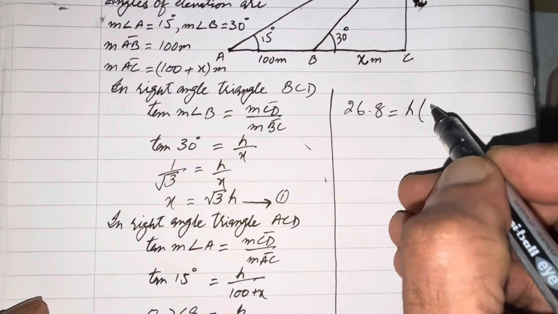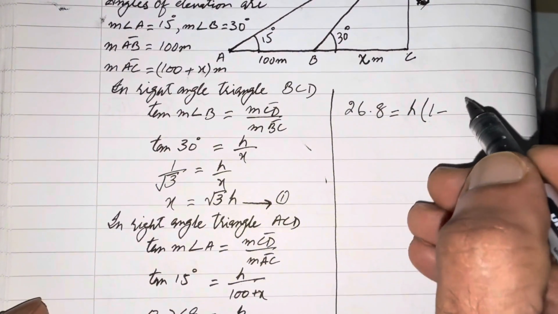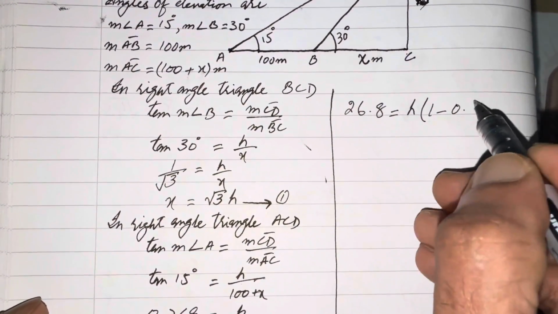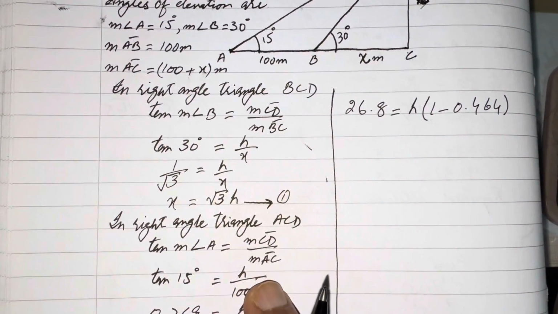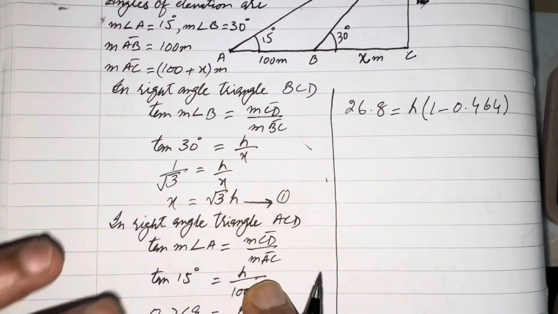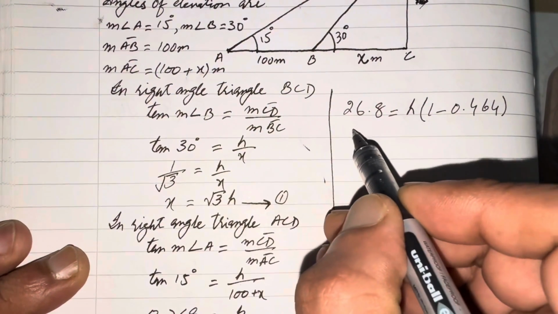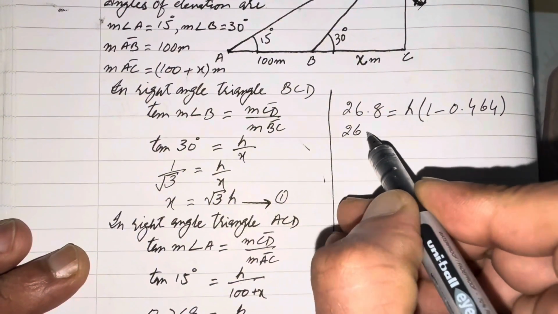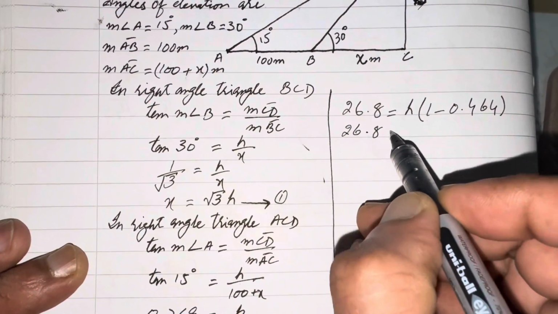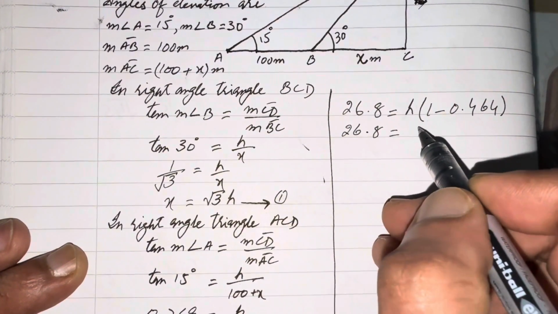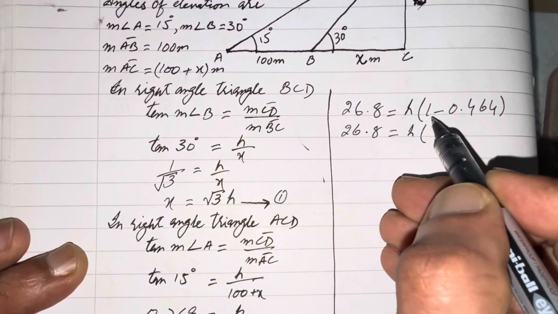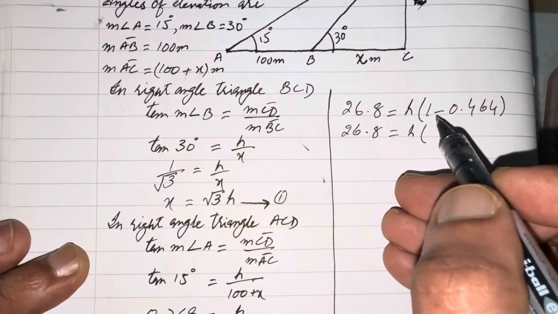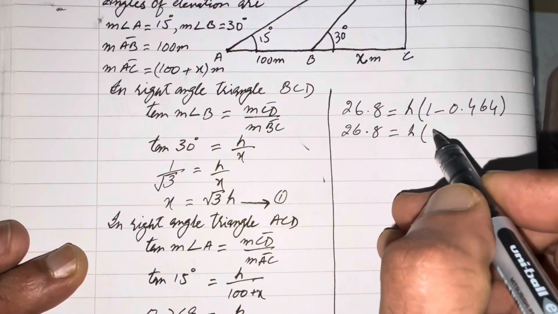That becomes 26.8 equals h times (1 minus 0.464). Now we do some more simplification: if you subtract this value from 1, it becomes 0.536.